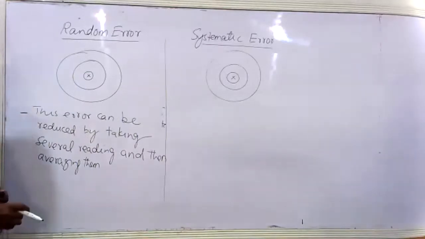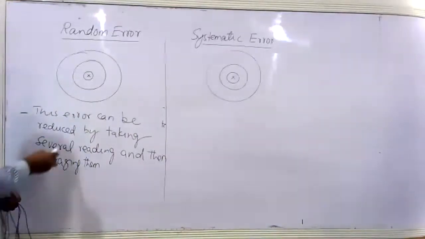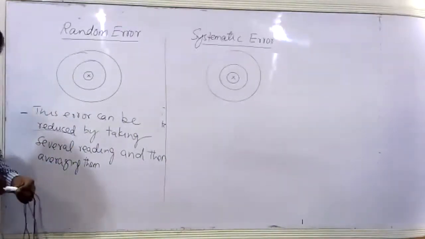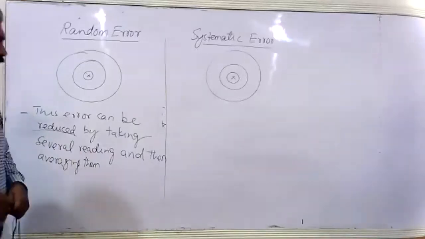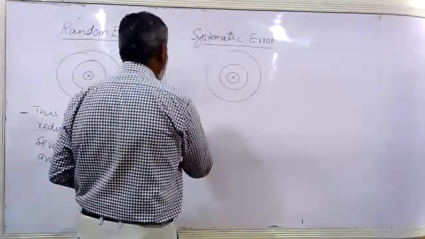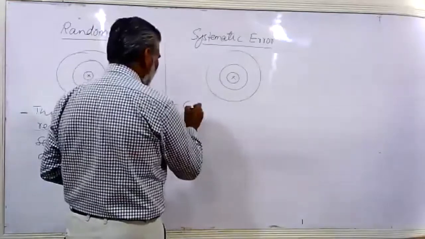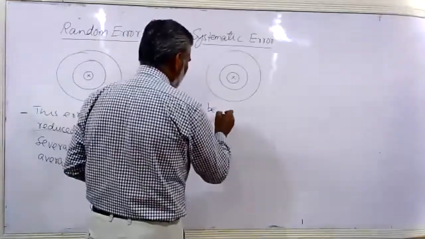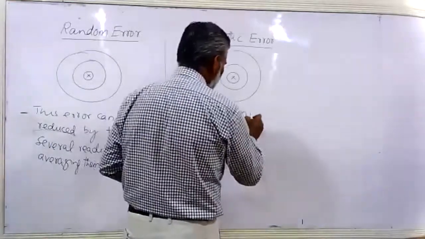But we cannot completely eliminate it. We can reduce random error, but we cannot completely eliminate it. However, systematic error can be eliminated altogether.